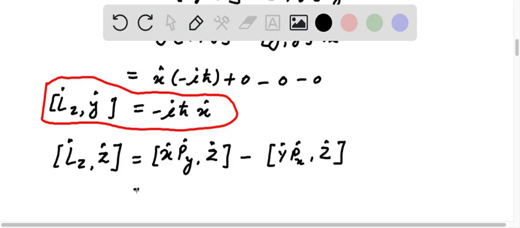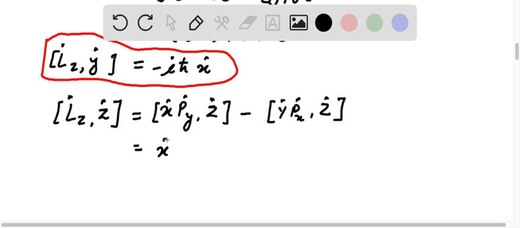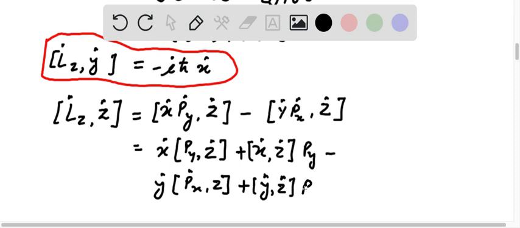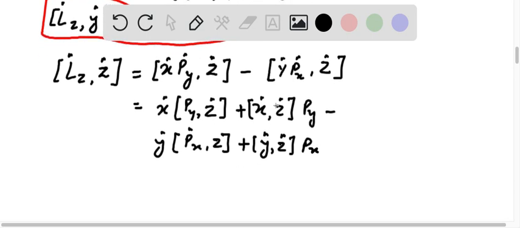So here this will be x [py, z] plus [x, z] py. Similarly, y [px, z] plus [y, z] px. So this value is 0, this value is 0, so all are 0. That means Lz commutes with z.